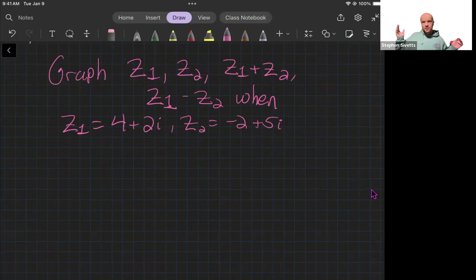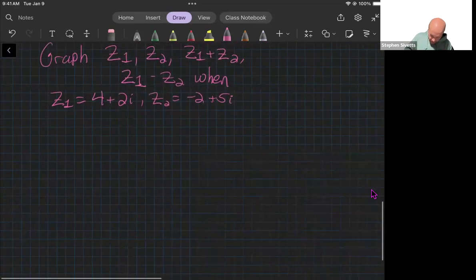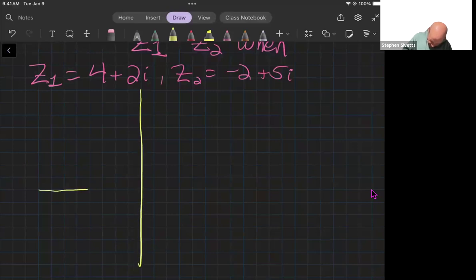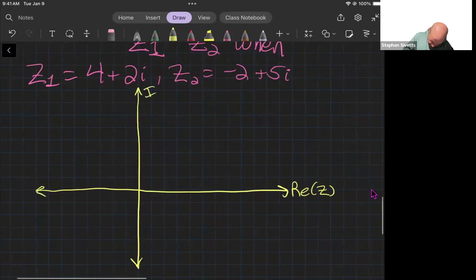Okay, so I assume that you worked on this example. So I'm going to draw out the complex plane. All right, so this is our complex plane, our real axis, and this is the imaginary axis, okay?